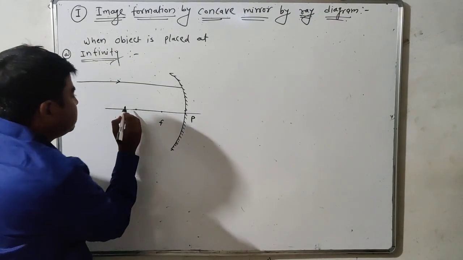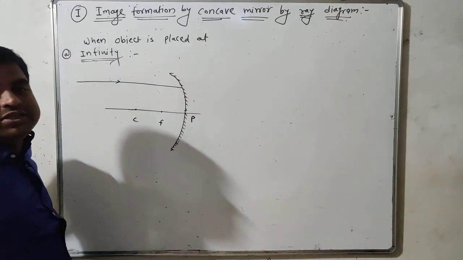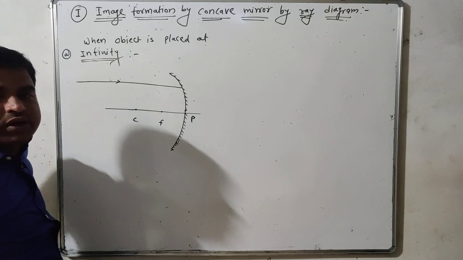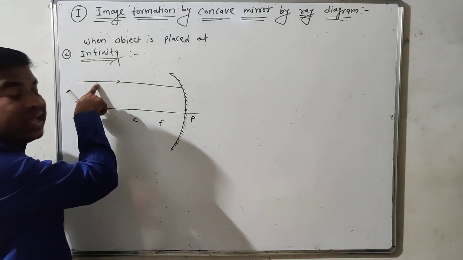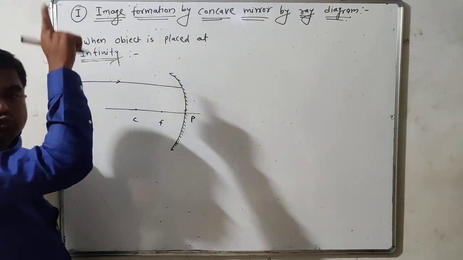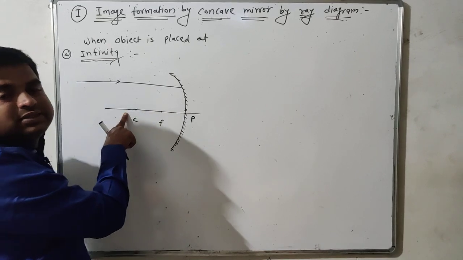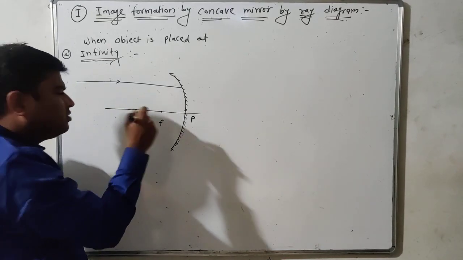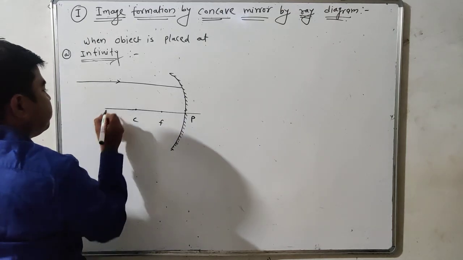As you can see here, this ray is parallel to the principal axis. Okay, that means this ray travels an infinite distance so that it becomes parallel to the principal axis, or again the same ray emitted by the given point object.